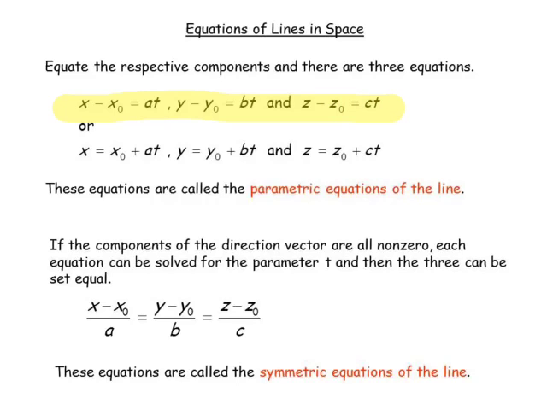The left side of each of those equations is the terminal minus the initial point, and the right side of each of those equations is the scalar multiple times the vector. Second line, we just see the equation rearranged. This is how you're going to see it most times: x equals, y equals, z equals. These are called the parametric equations of the line.